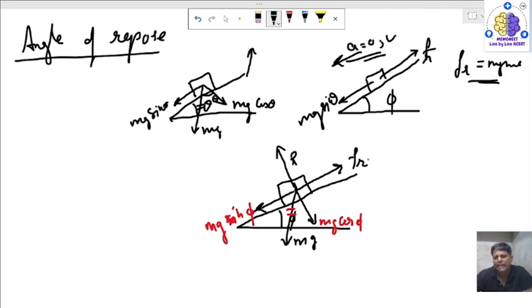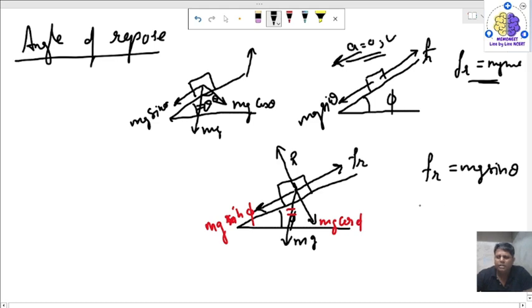Now from this diagram, we can say that the frictional force is equal to mg sin phi, and the normal reaction force R is equal to mg cos phi.